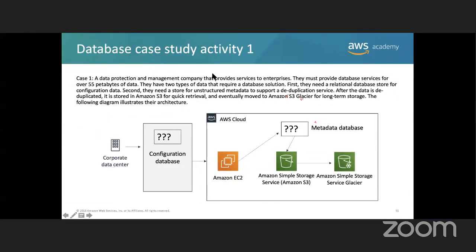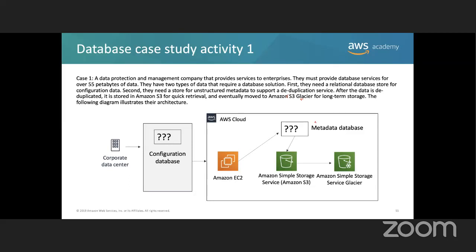Okay, so we have a case study here. A data protection and management company that provides services to enterprises must provide database services for over 55 petabytes of data. They have two types of data that require a database solution. First, they need a relational database store for configuration data.